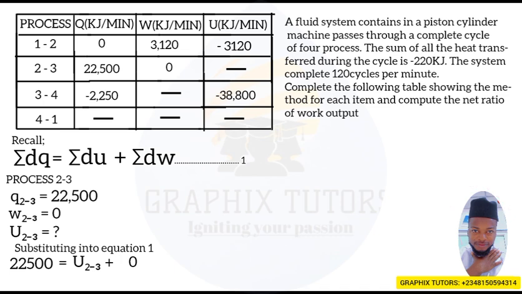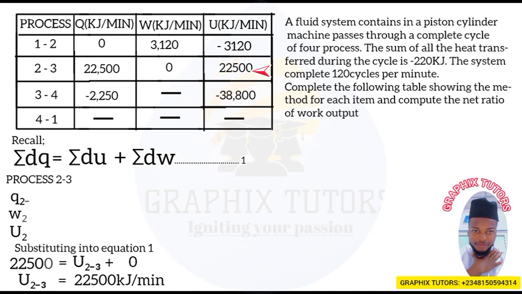So the internal energy from state 2 to 3 will give us 22,500 kilojoule per minute, right? So I'm going to put it in the table here so we can see it. Now we'll move to the next one.